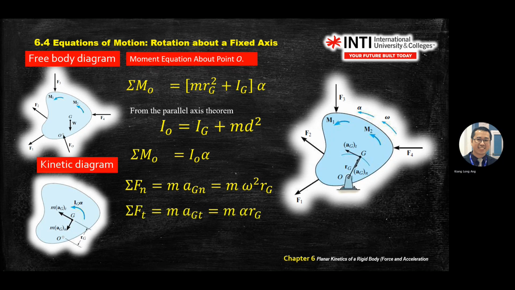The last two you are familiar with. m a normal and tangent, because this one rotates. But the moment here has changed already. The moment here is referring to the rotating point. In the previous example, we looked at G, the whole body rotating.